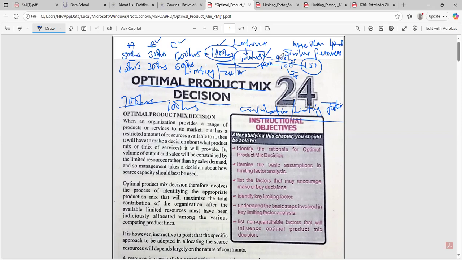Step number 3. Since you have identified that there is a degree of limitation of 400 hours, the next thing that comes to your mind is, let me share. So what did I say you do before you share? You have to calculate the contribution per limiting factor before you start sharing.